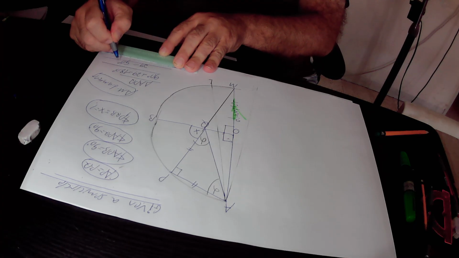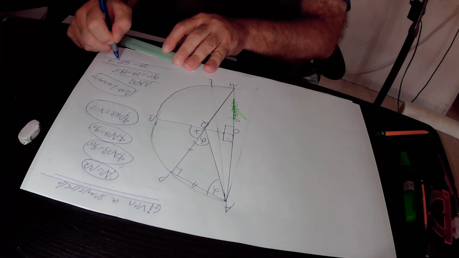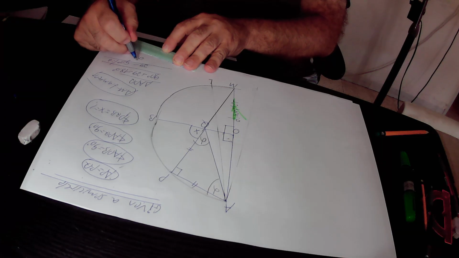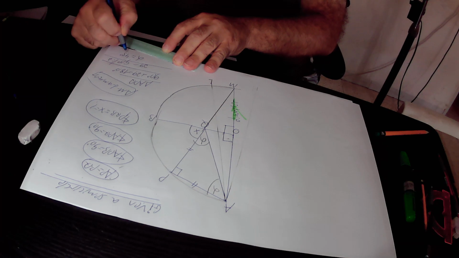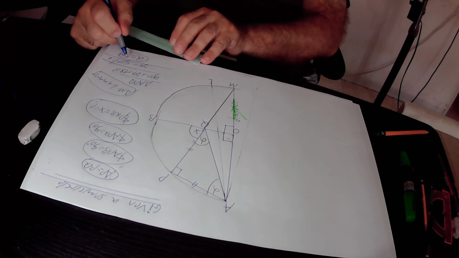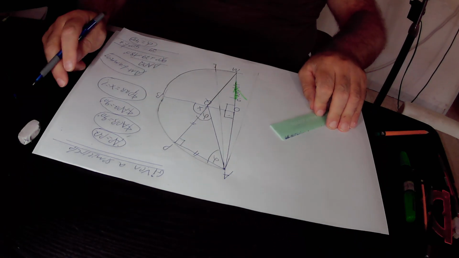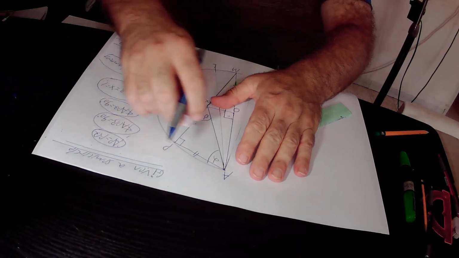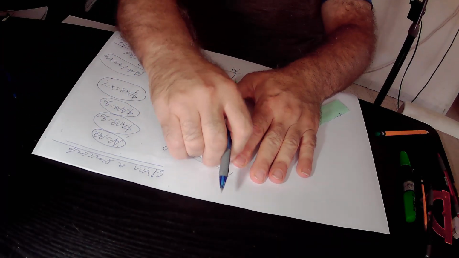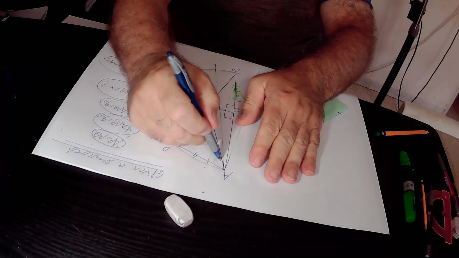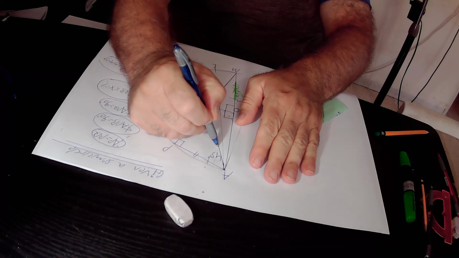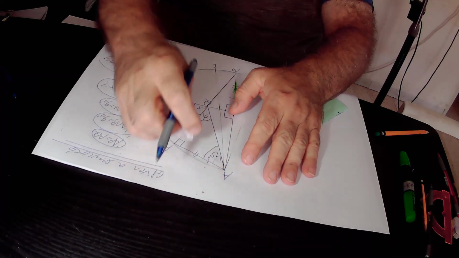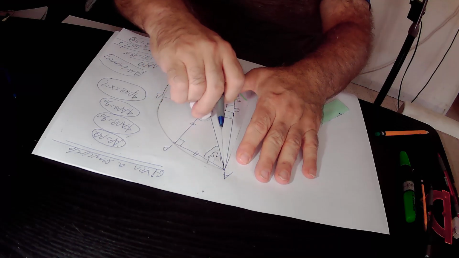Here we divide this equation by 2 and finally we get that alpha equals 90 degrees over 2, that is 45 degrees. So we found out that the missing angle alpha equals 45 degrees in its size, and this is also angle alpha that equals 45 degrees in its size.